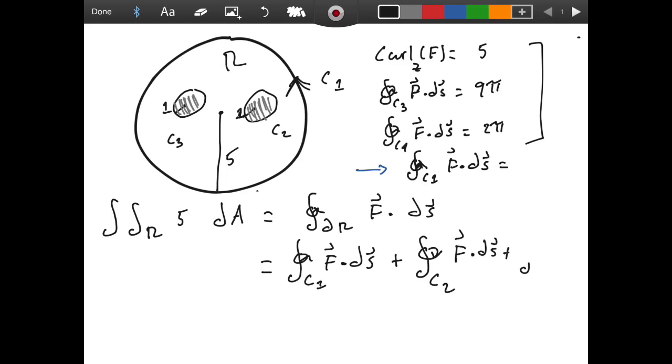And I explained this in one of the videos on Green's theorem. Okay, so what is this? Well, C1, this is the thing that we care about.